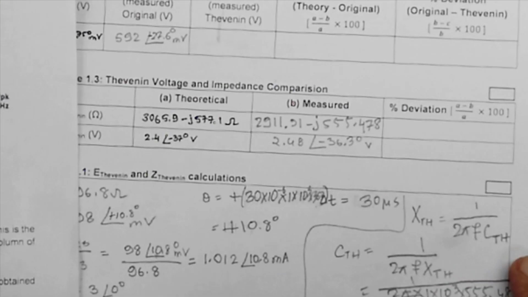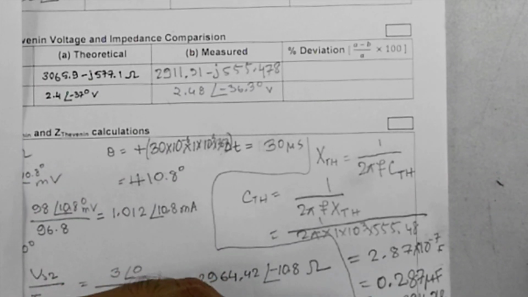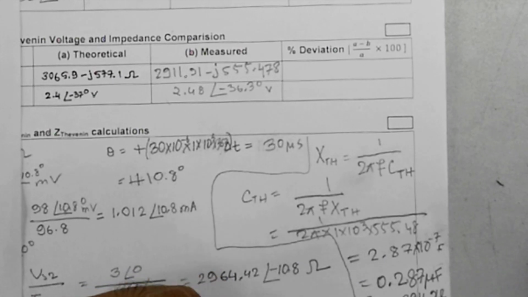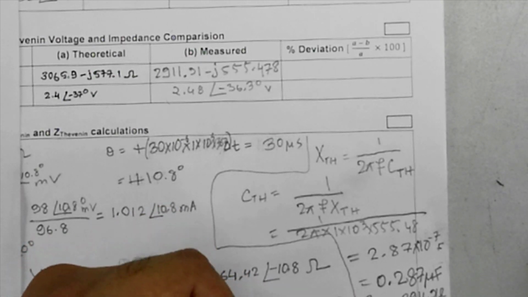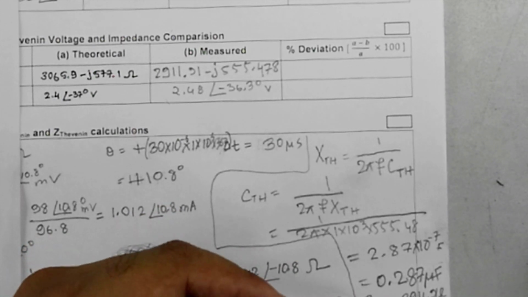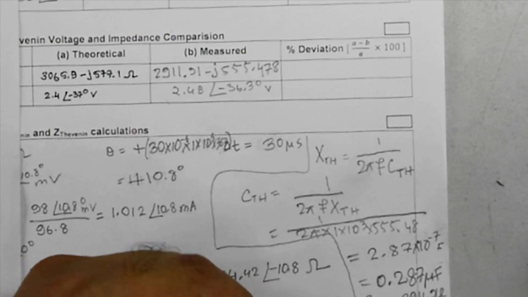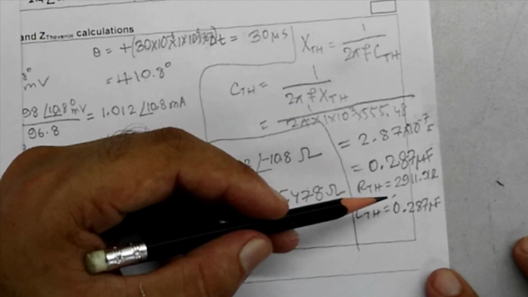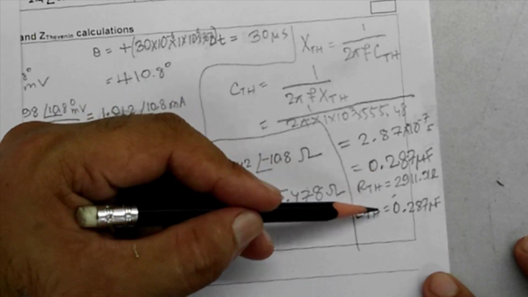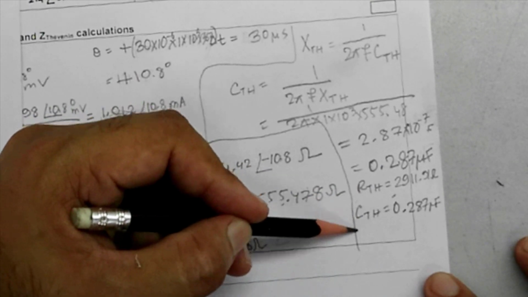To construct this Thevenin resistance and the Thevenin capacitance, we will need to use variable resistors and capacitance box, or we can combine multiple resistances and capacitances to get this Thevenin equivalent resistance and this Thevenin equivalent capacitance.